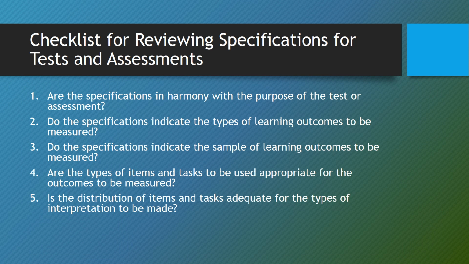This is a quick little checklist that'll help you when you're thinking about the tests and the assessments. You can take a look at these and then measure them back with your table of specifications and make sure that your things are in line with what you are expecting as far as information.